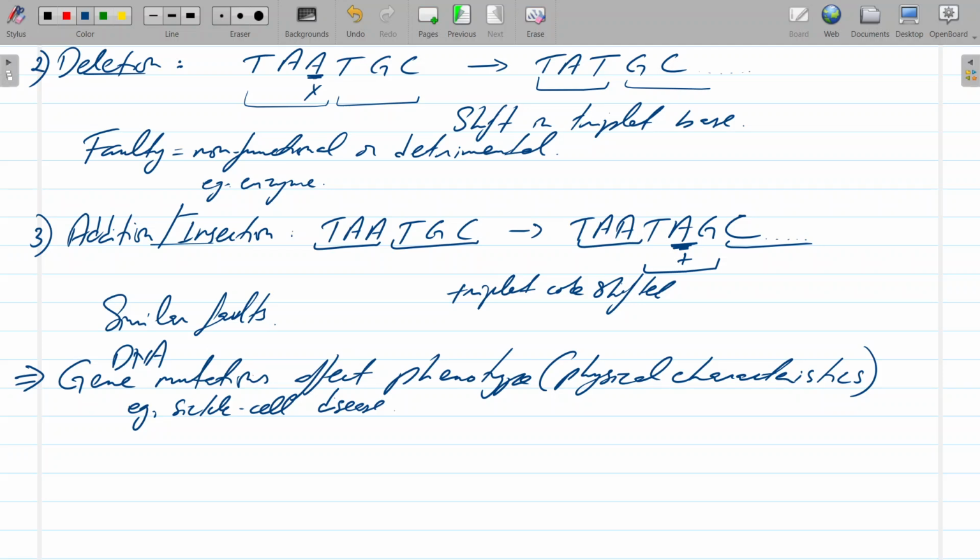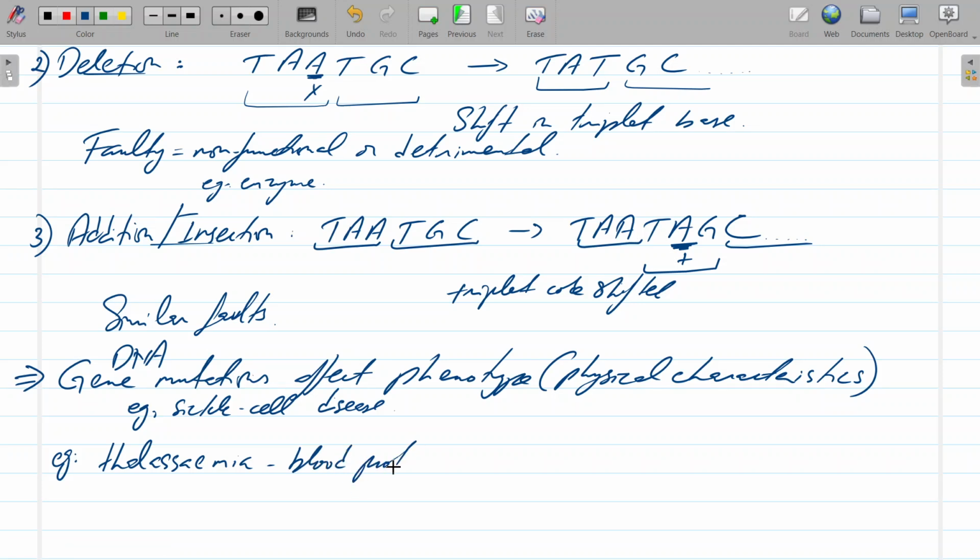Then there are other diseases, for example, thalassemia. So let me get that spelling right. Thalassaemia, right? And so this is a genetic disease that affects the blood proteins.